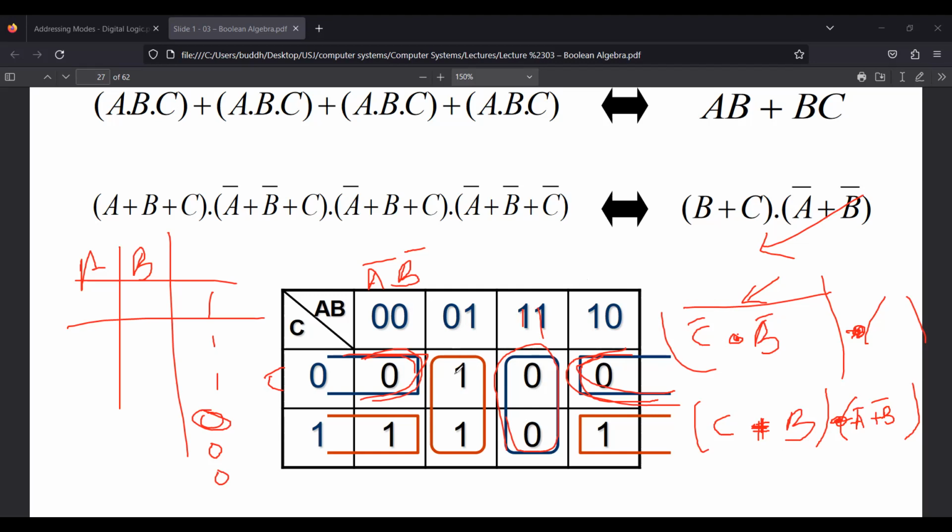So that is from the product of sum by using zeros. For sum of products we are taking ones, and the rules are the same for the truth table as well. And for the product of sum, we are taking zeros. Right? Did you understand that? If you have any questions, please ask.